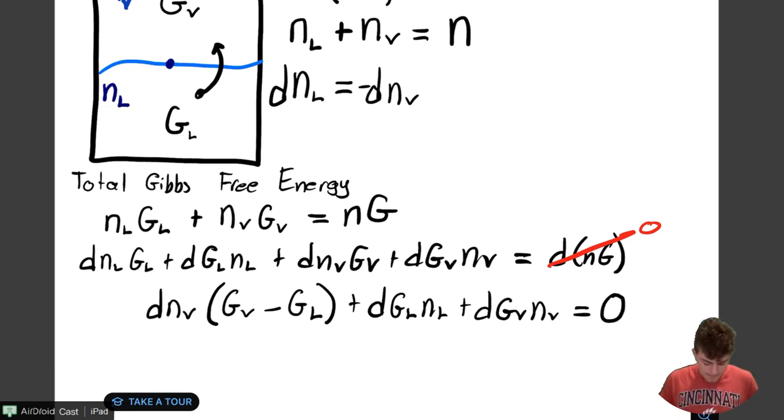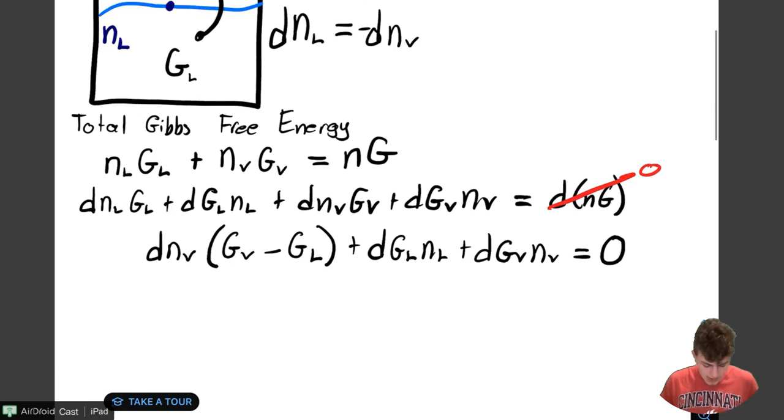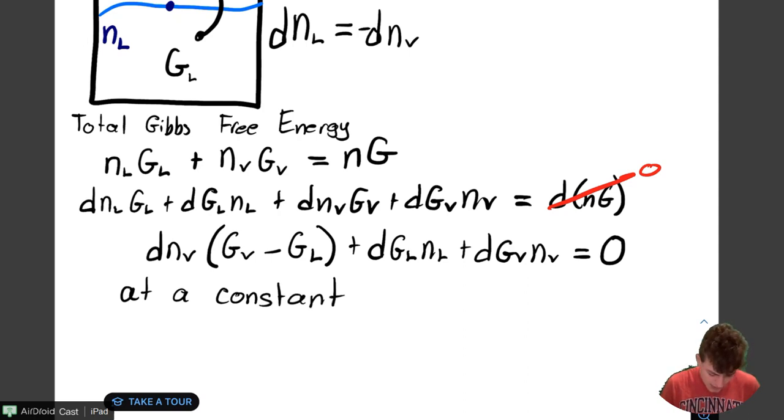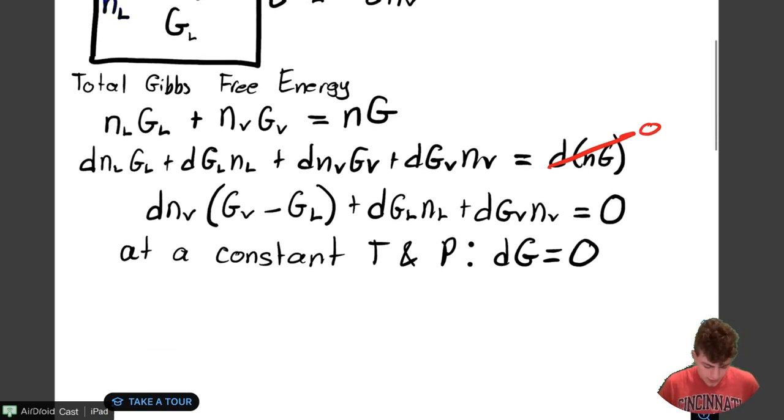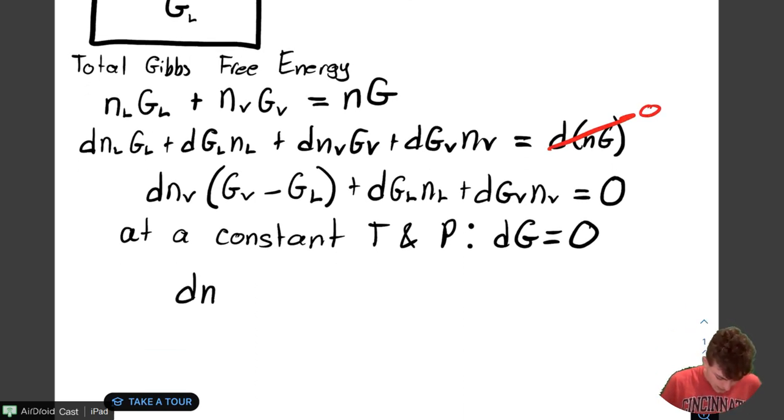Now, from here, what we can do next is discern that at a constant temperature and pressure, as is present in many equilibrium states, the change in Gibbs free energy should be equal to 0. So therefore we can write this equation here.